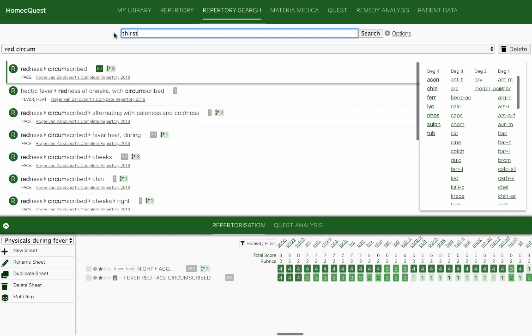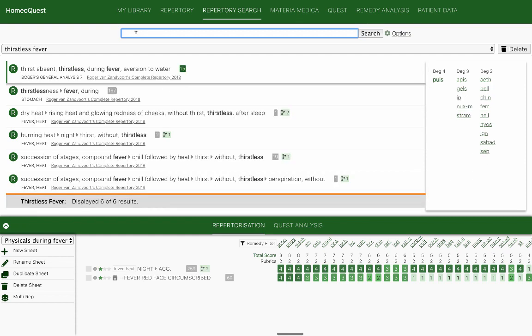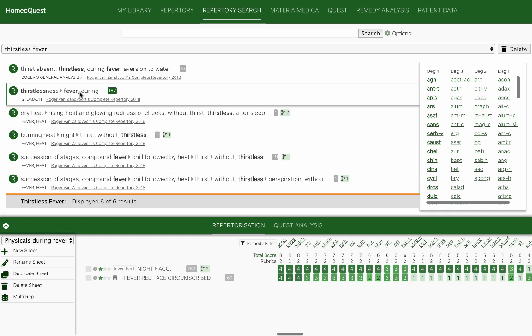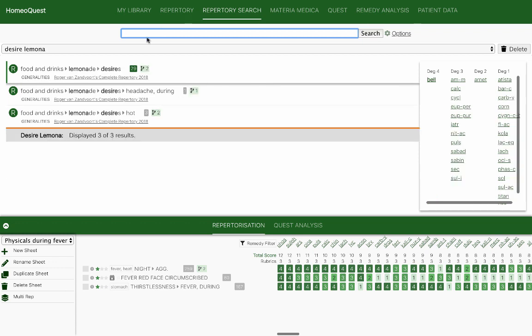Let's take thirstless. We'll try and take thirstless during fever. Fever during, we have 167. I want to check thirstless during fever because it's so specific and so peculiar. And we're going to take desire lemonade. 29, not bad.